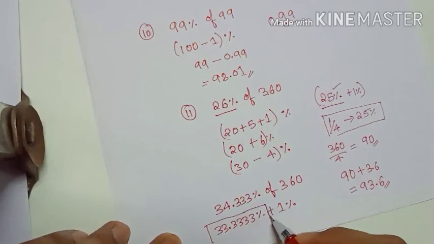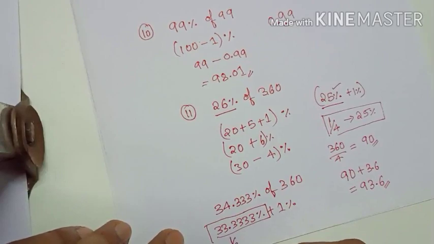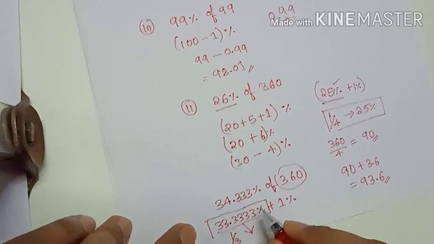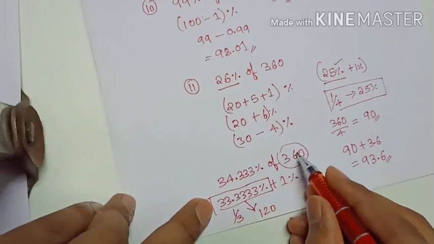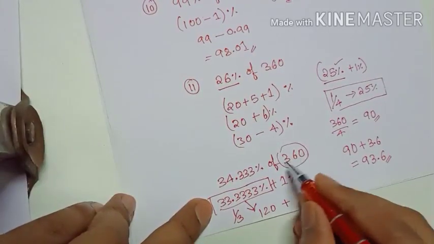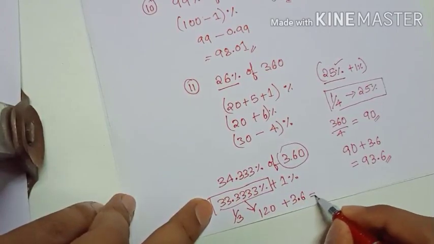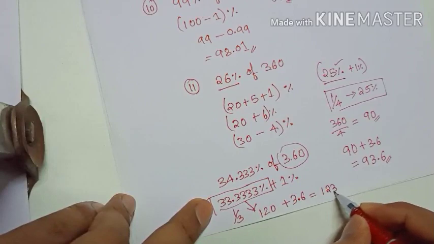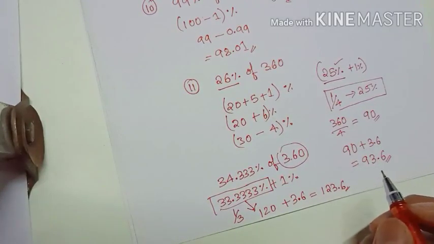You know the fractional value of 33.333%. What is that? 1 by 3. Yes or no? So 360 divided by 3. The answer will be 120. 3 1 times, 3 2 times. So 120. 120 plus what is 1% of 360? 3.6. What is the answer you're going to get here? 123.6. This is very simple, right?